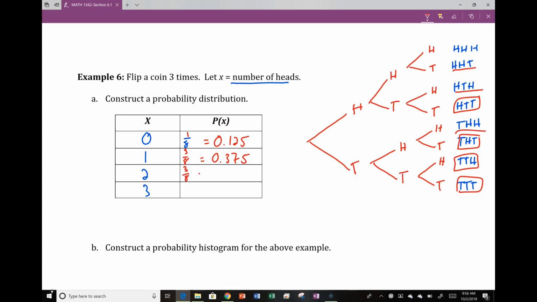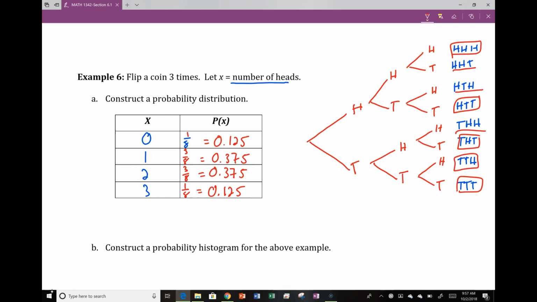That's 3 out of 8 again, which is 0.375. The probability of getting all 3 heads, I only have 1 of those, so I've got 1/8, which is 0.125. If we add these 4 probabilities up, we should get 1, because recall that all the probabilities have to add up to 1. So we have created our probability distribution.